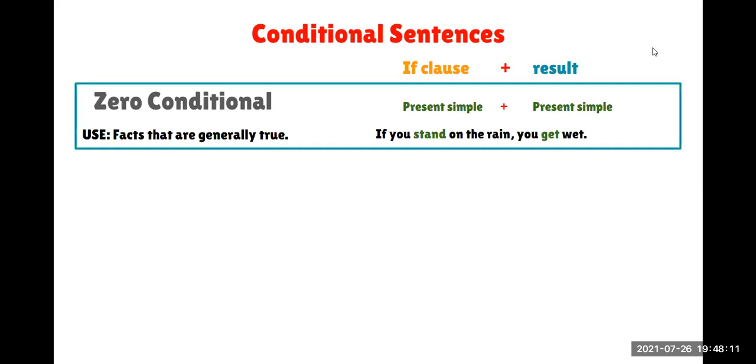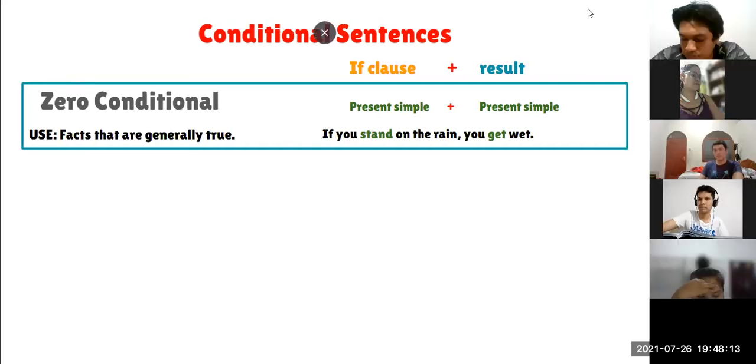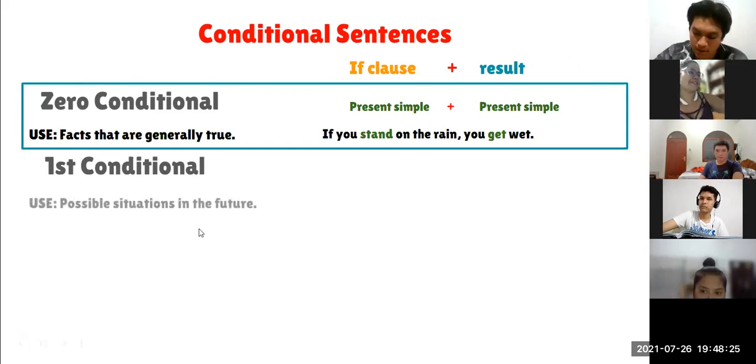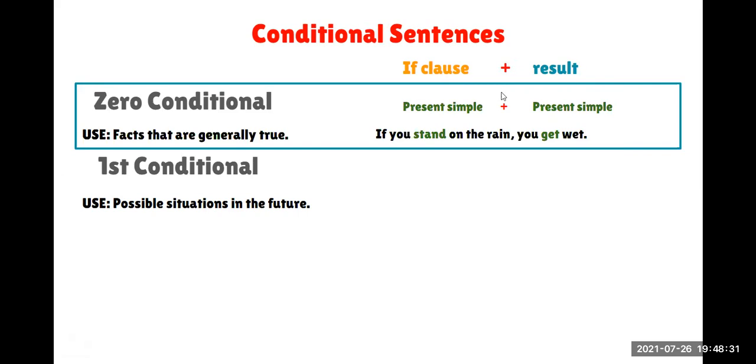What about the other conditional we have here? The first conditional. When do we use the first conditional? To talk about possible things. Very good. To talk about possible things in the future, right? And how do we form it?